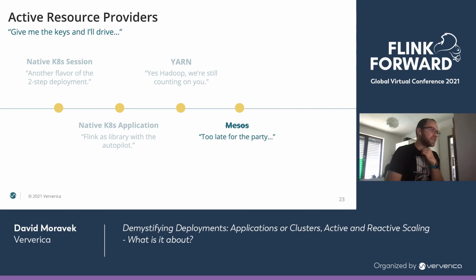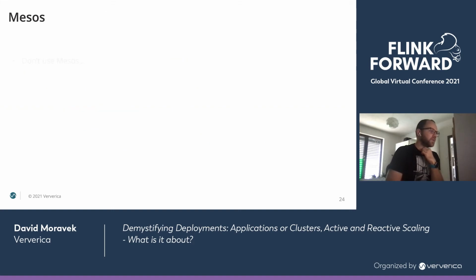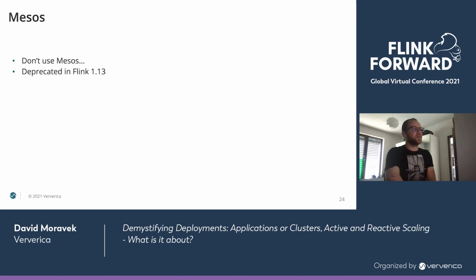Then the last active resource provider that Flink has is Mesos. But for Mesos, I would recommend not using it because we deprecated it in Flink 1.13 and we removed support for Mesos in Flink 1.14.